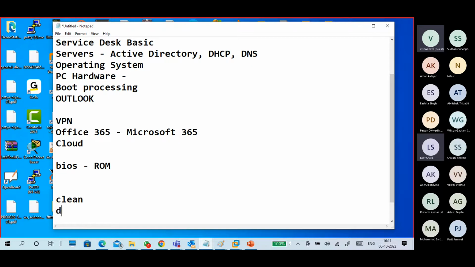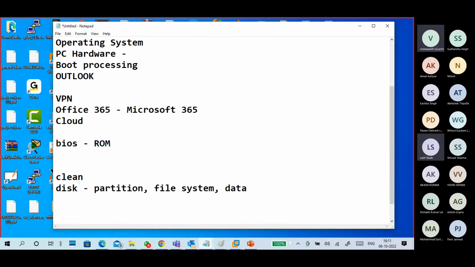A disk contains partitions or volumes, and each partition has a file system, which means you can put some data in it. To remove all these things, you can go to diskpart.